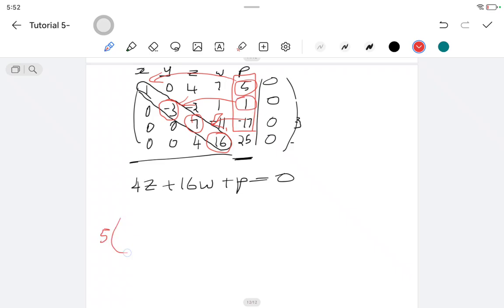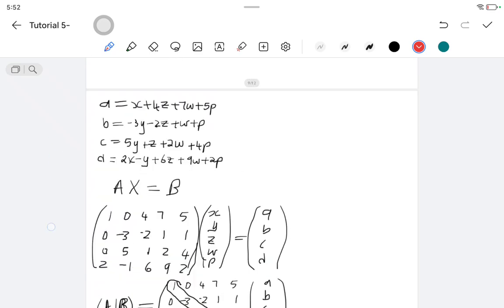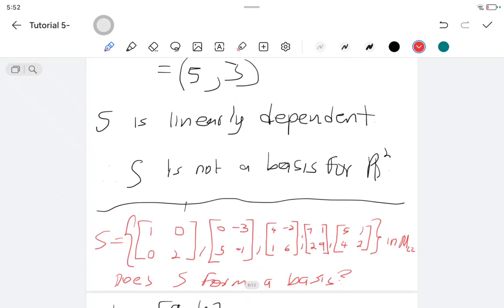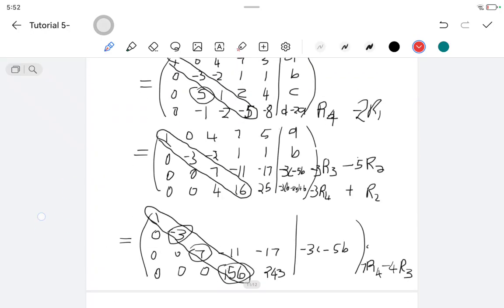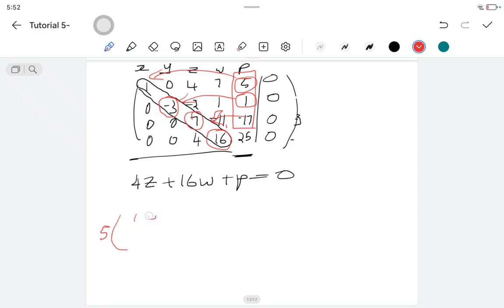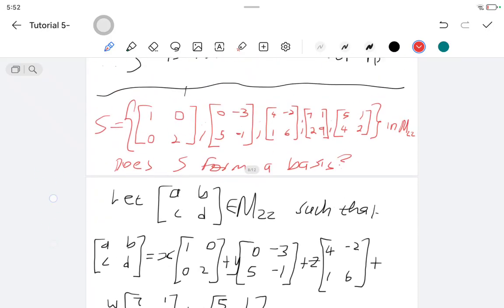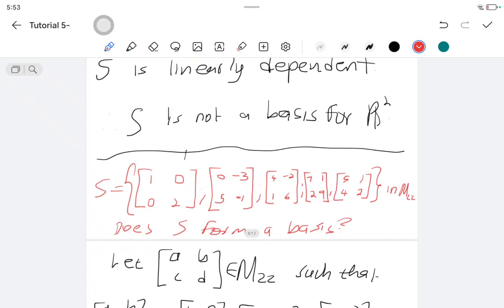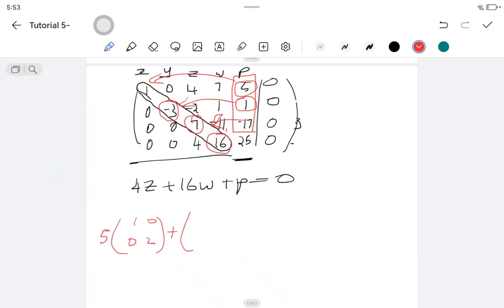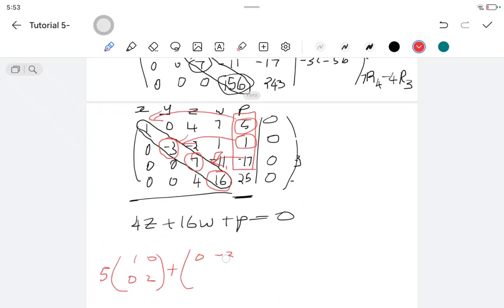So if we have 5 times the first one, what is it? 1, 0, 0, 2, right? Plus just 1 of this one, so I won't multiply it. The second vector is 0, minus 3, 5, minus 1.